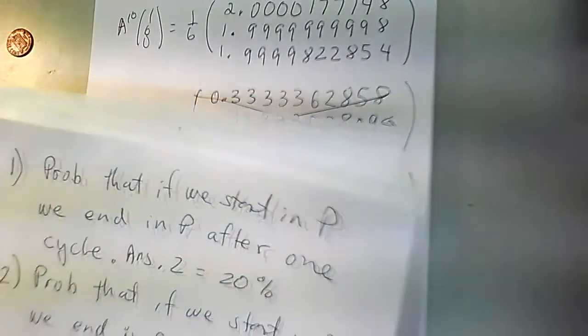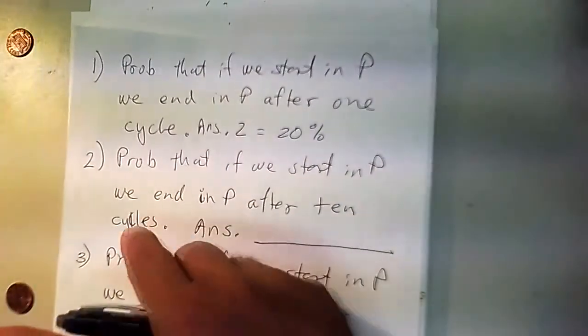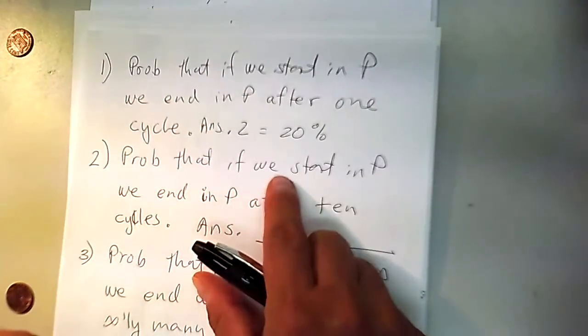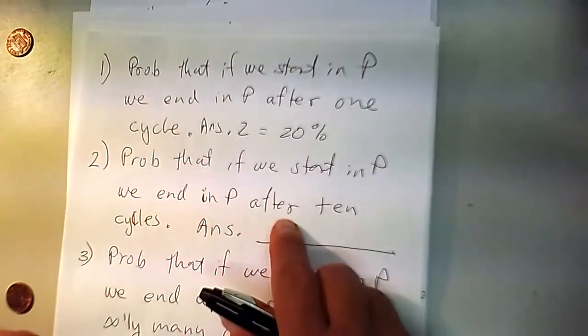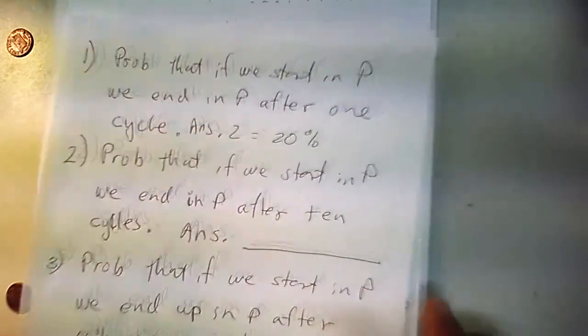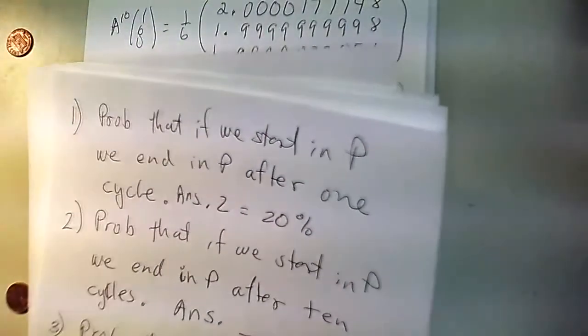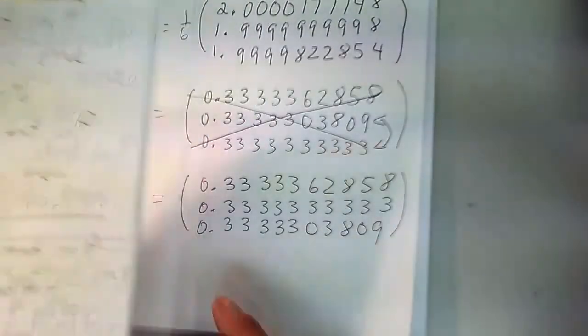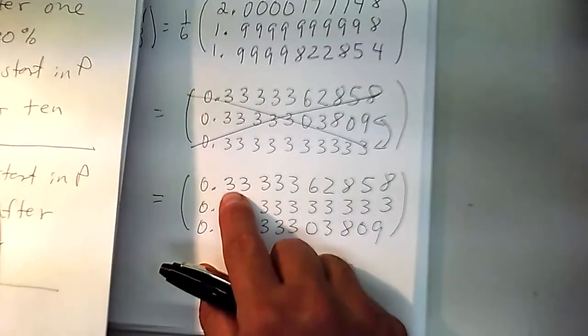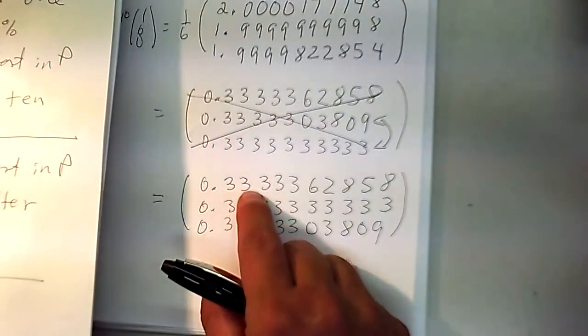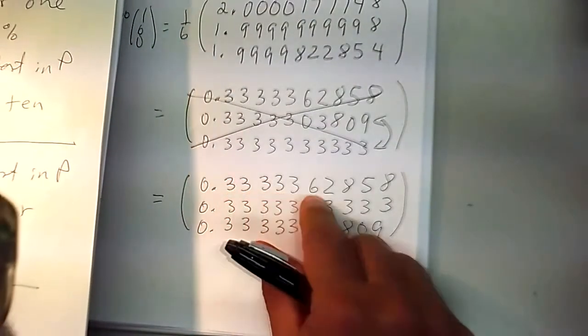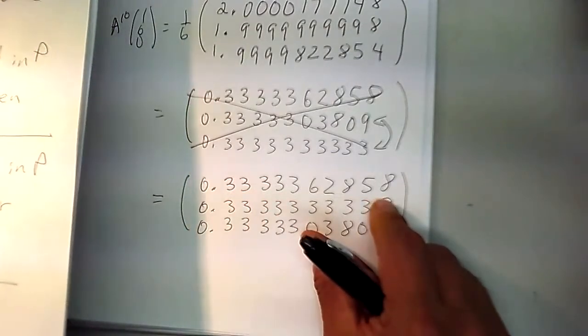Now let's remember the question. The second question we wanted to ask is, what is the probability that if we start in P, we end in P after 10 cycles? Now that I think about it, 10 is kind of excessive, but the answer is right here. The probability is 33.33, and all of those decimals, percent.